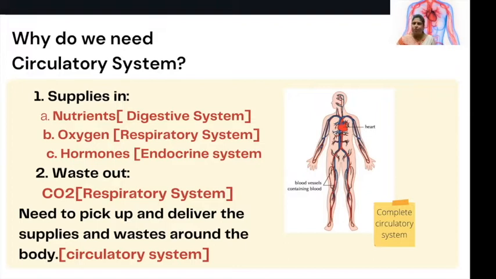And from other parts of the body, it takes the waste and removes it. So this whole process is done by the circulatory system. So that's why we need the circulatory system. The circulatory system is the transportation of our body.